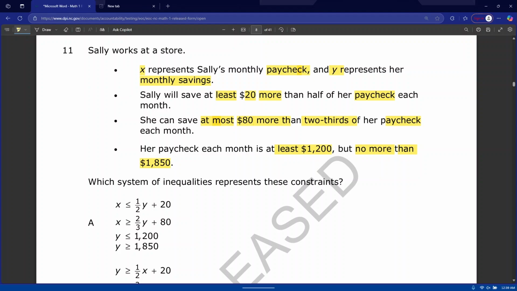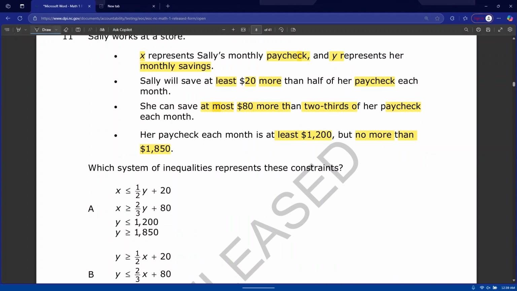Okay, so I made it easy for you guys as I highlighted in yellow each bit of important information we need to use to solve this. Well, not solve, but analyze, okay? So, let's do bullet point number 2 first. When Sally says she will save, she's referring to Y, okay? Y represents her savings. Half of her paycheck is represented as X divided by 2.